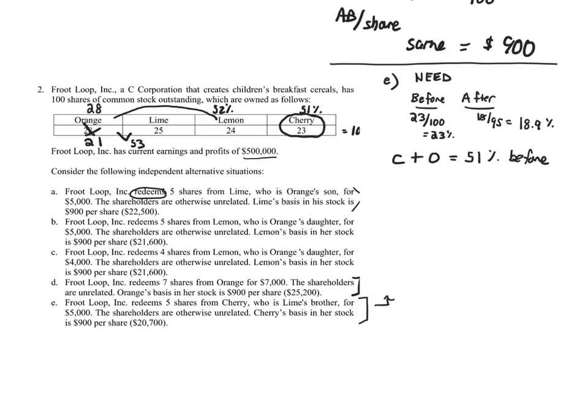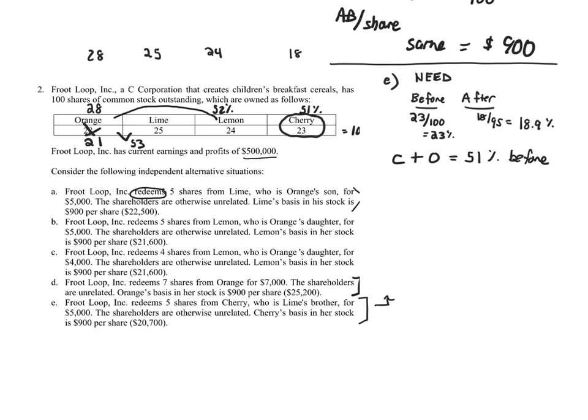Okay. If we go 28, 25, 24, 23, I'm sorry, my apologies. 18 after. So Cherry has 18 shares after, right? That's after E. Orange has 28, Lime has 25, Lemon has 24, and Cherry has 18, not 23.